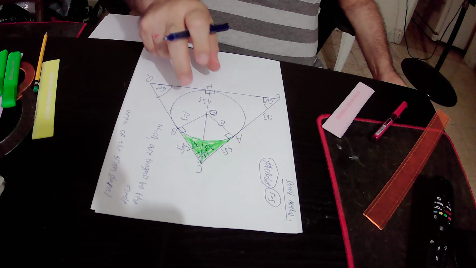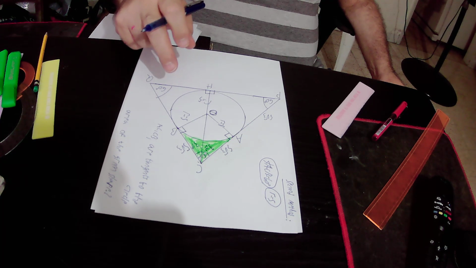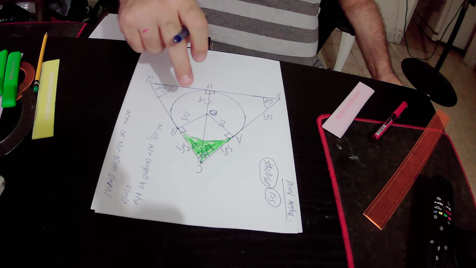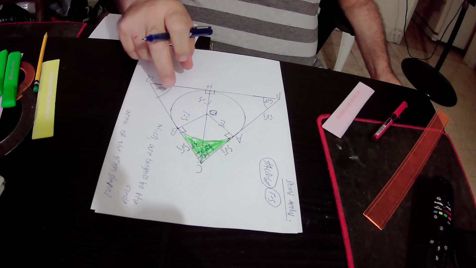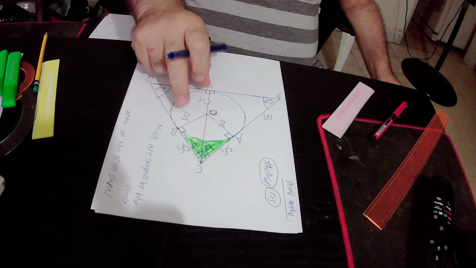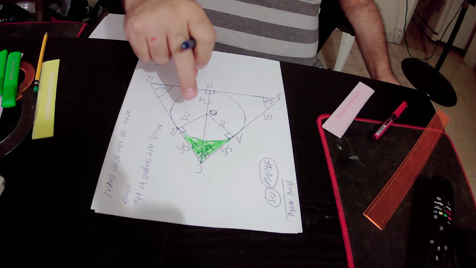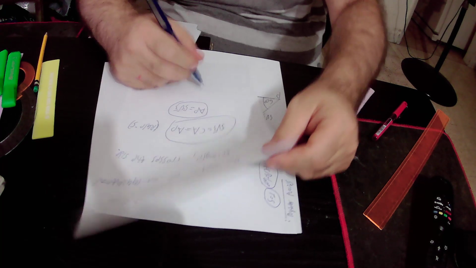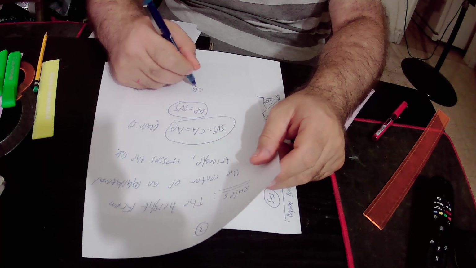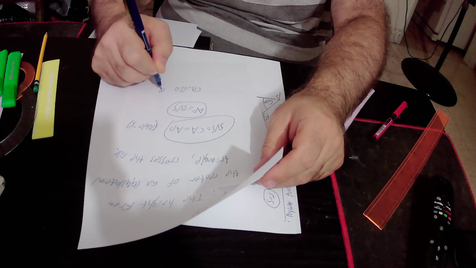We know that OB is the height to the side CQ. So according to rule number 5, the height OB divides CQ to two equal parts. That is to say, CB equals to BQ according to rule number 5.